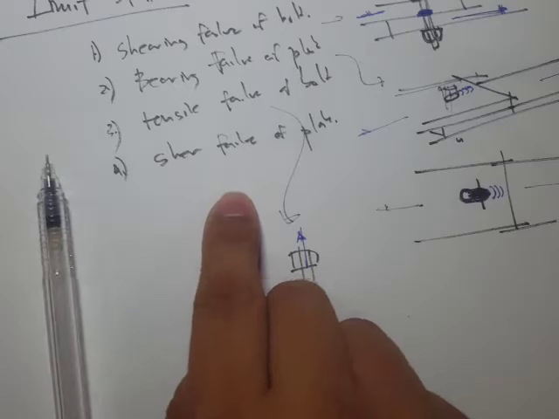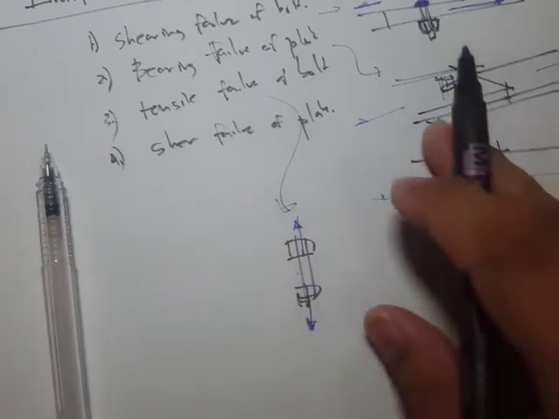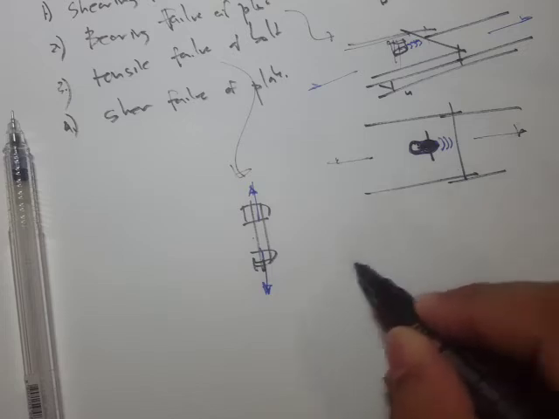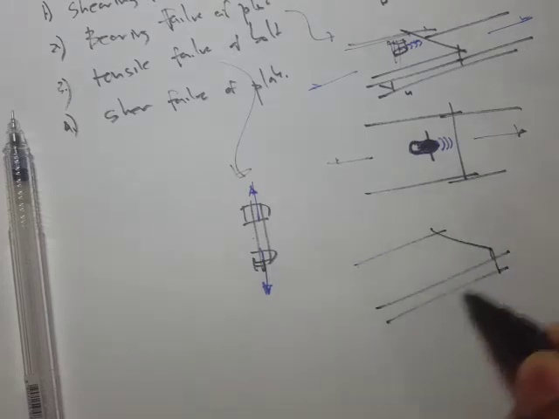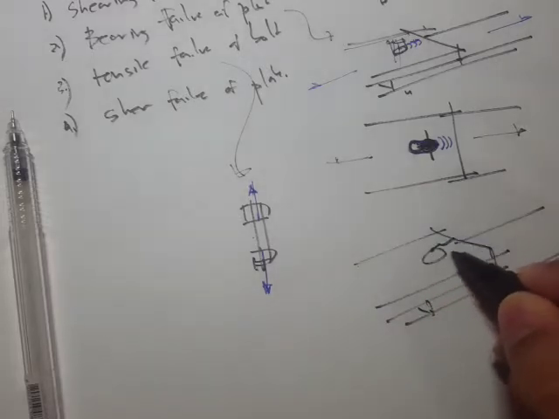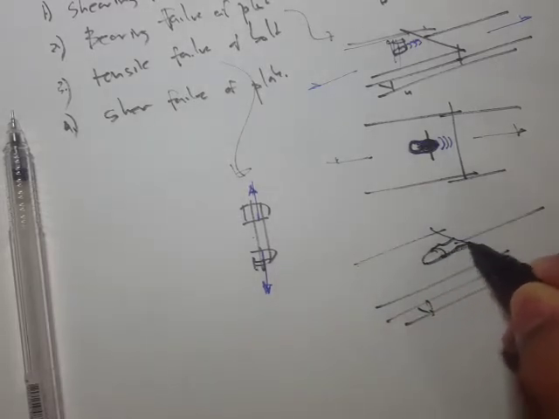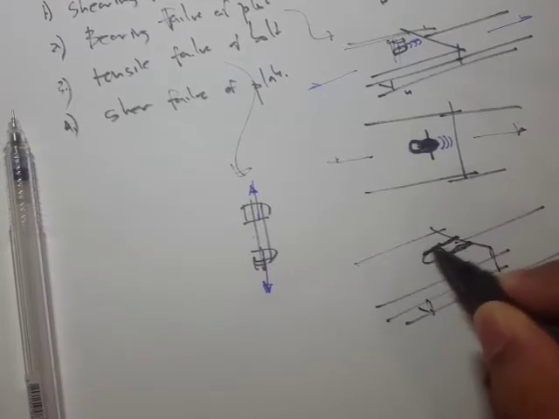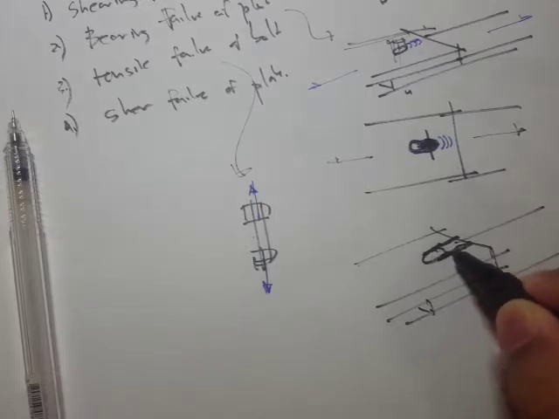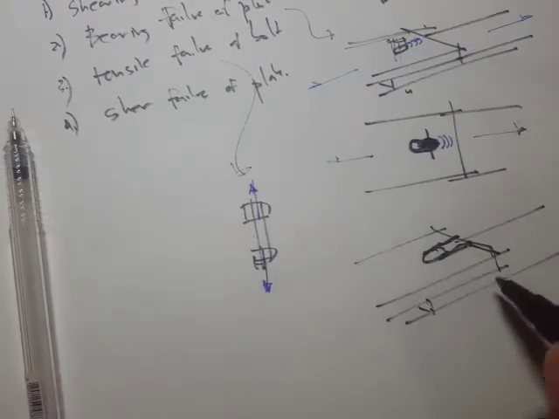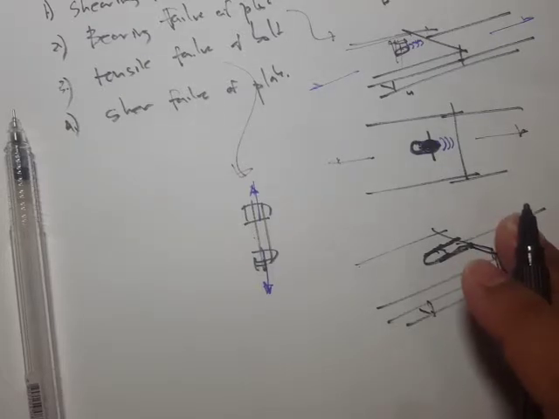And this one, the shear failure of plate: instead of having a bearing failure, it is possible that the bolt hole will rip off, something like a block shear, but it's going to break over here. So that's the shear failure of plate.